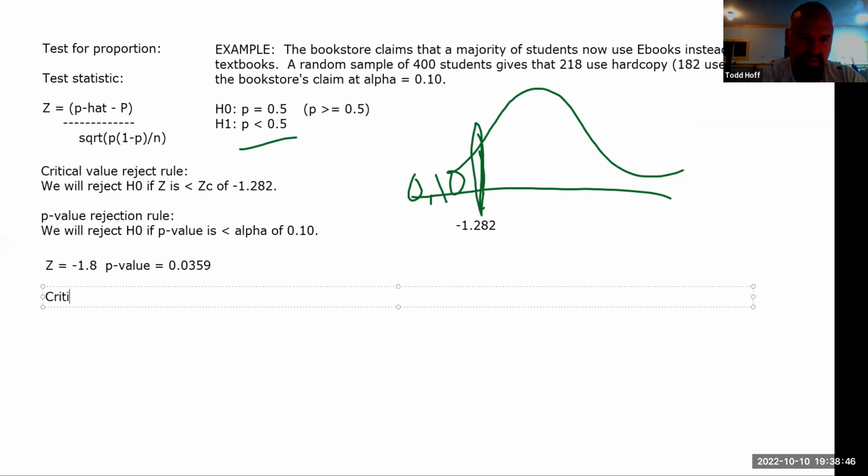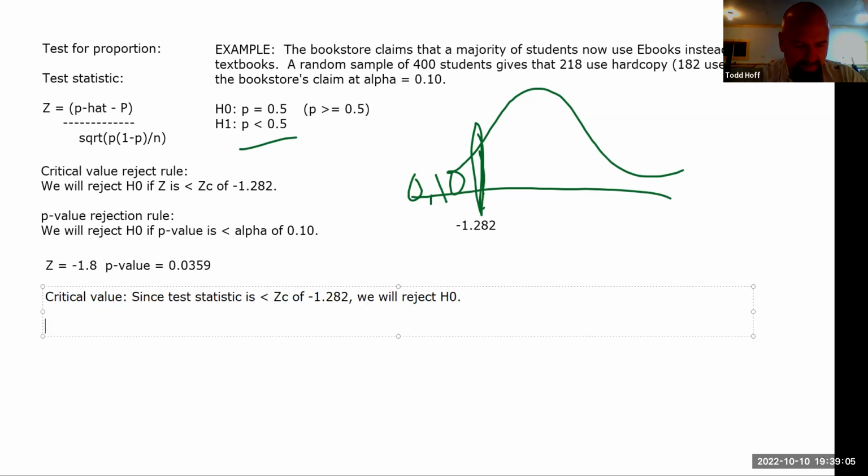Critical value conclusion: since the test statistic is less than z critical of negative 1.282, we will reject the null hypothesis. Or the p-value method: since the p-value of 0.0359 is less than alpha of 0.10, we will reject the null hypothesis again.